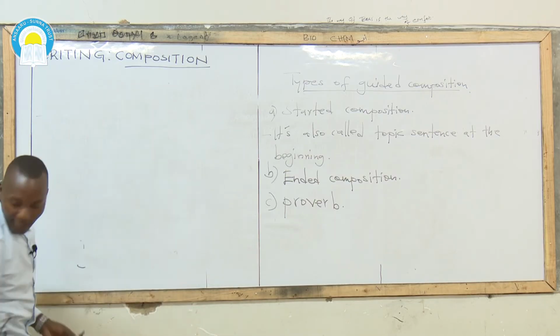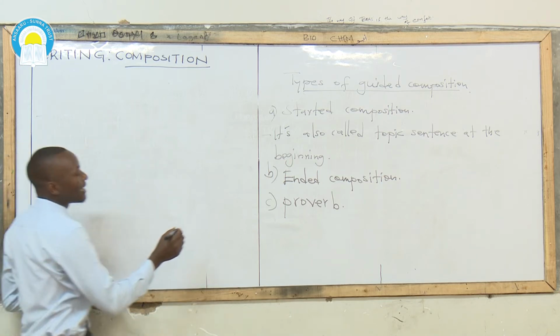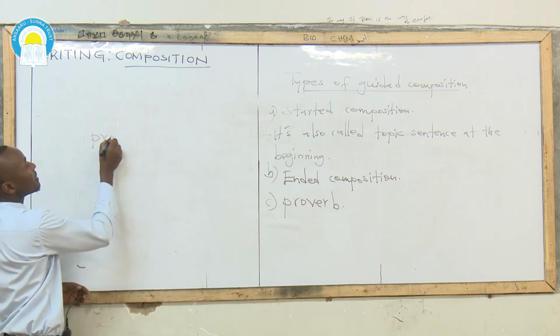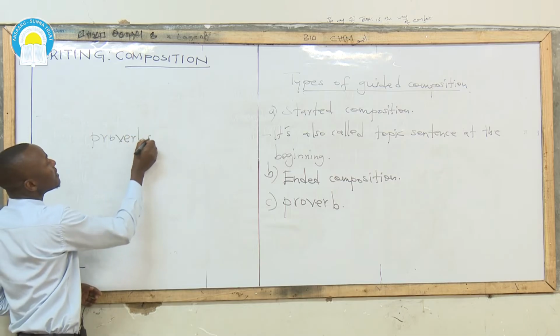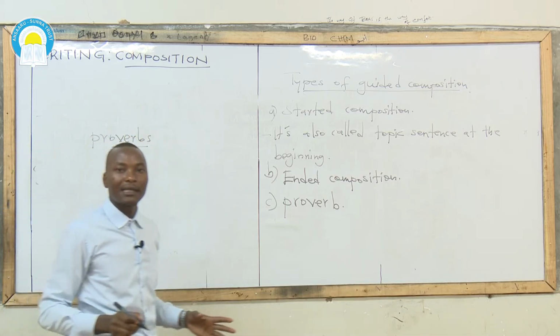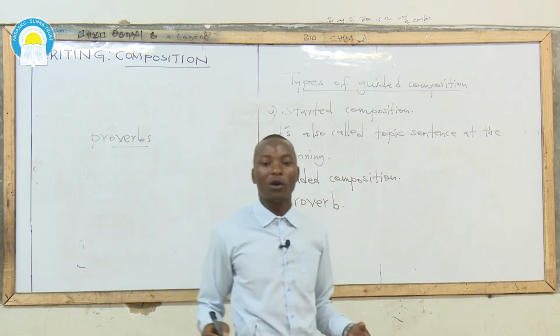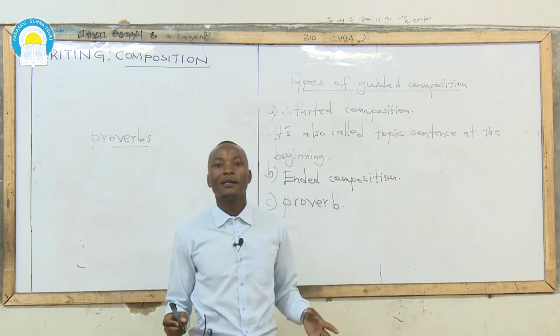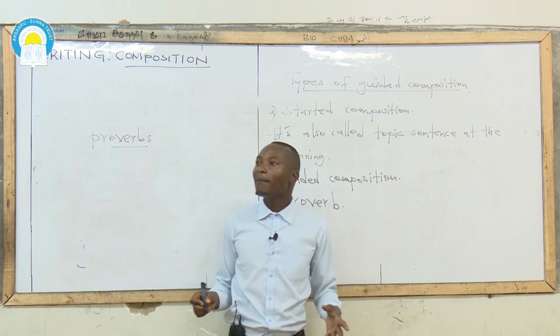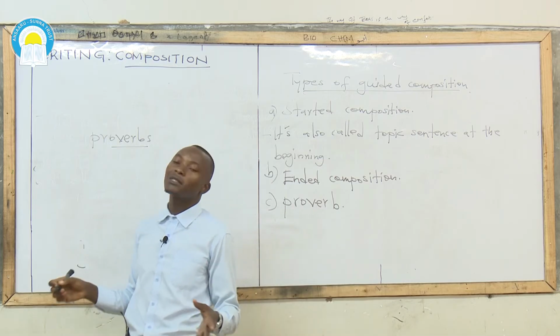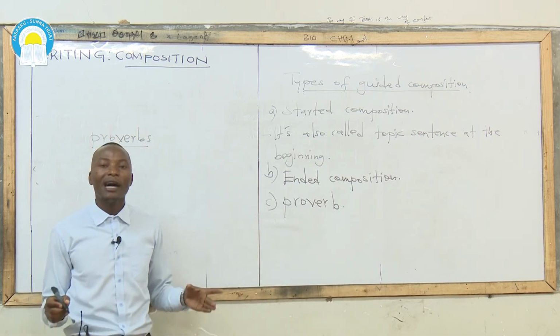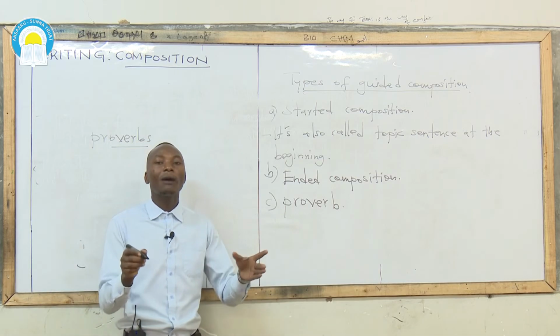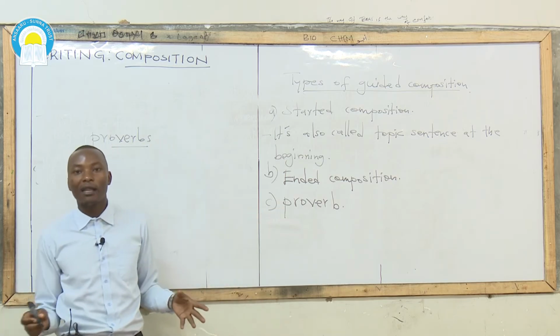Now, I would like to say this, that proverbs are some wise sentiments that have been there from time immemorial. They were made by some wise people who must have lived a long time ago, and they are very educative. The proverbs are the same in every part of the world.